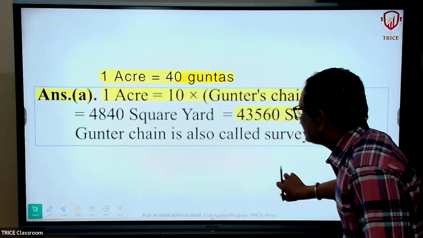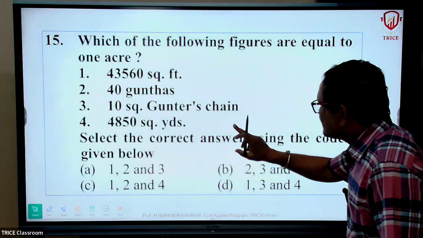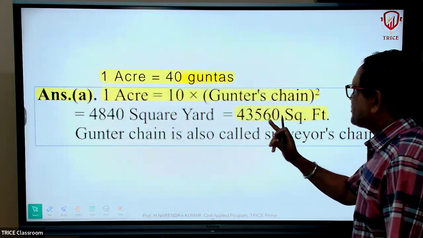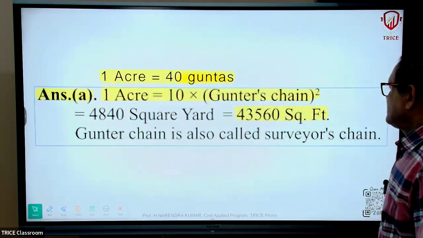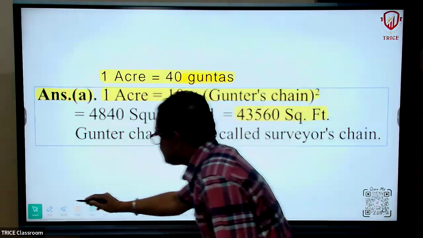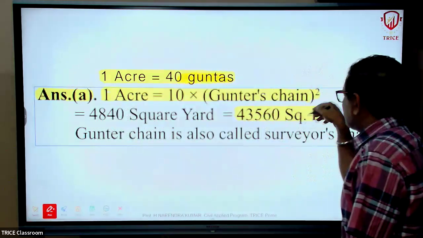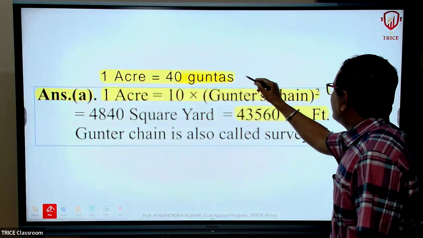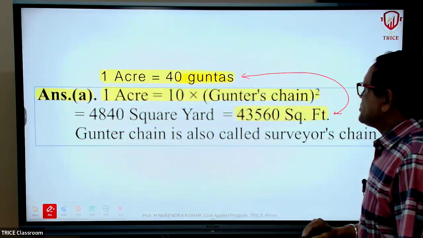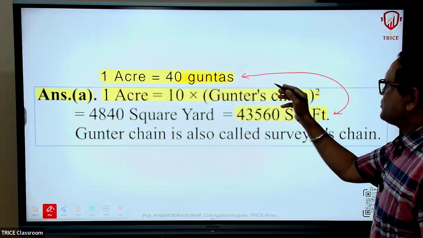Okay, I will go back. See, they have given 4850, but the correct is 4840 square yard, because that is equal to 43,560 square feet. Let me tell you, all these are interrelated, because when you calculate 40 guntas, you need to know the value of each gunta.